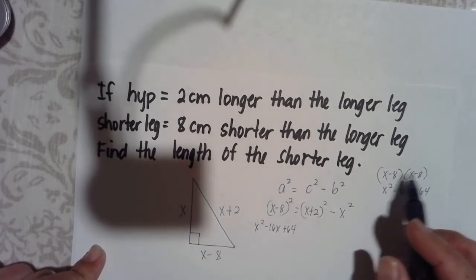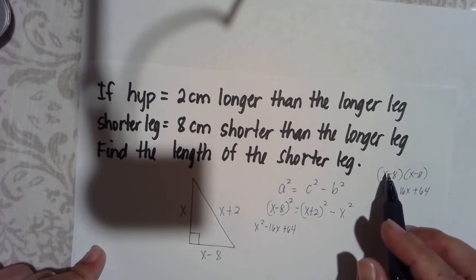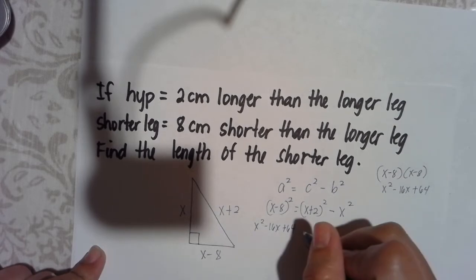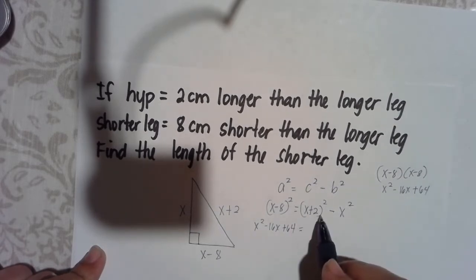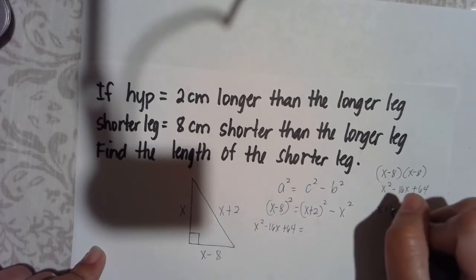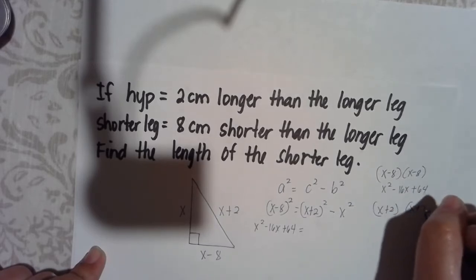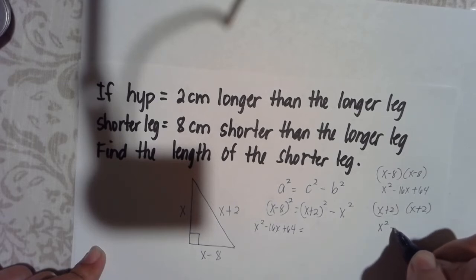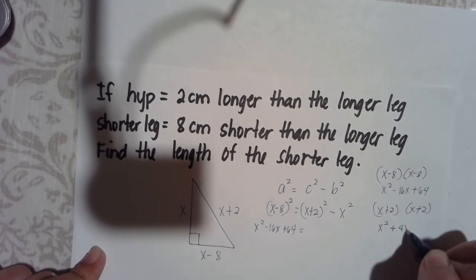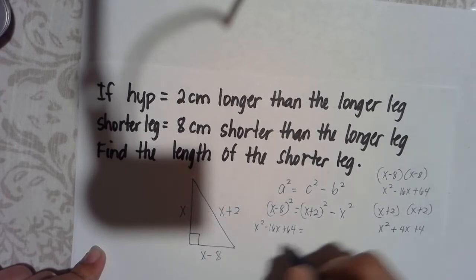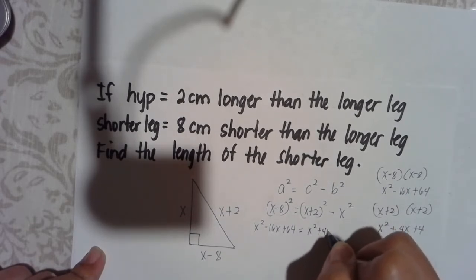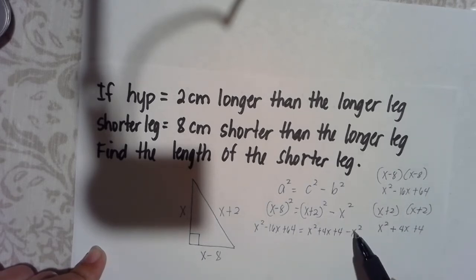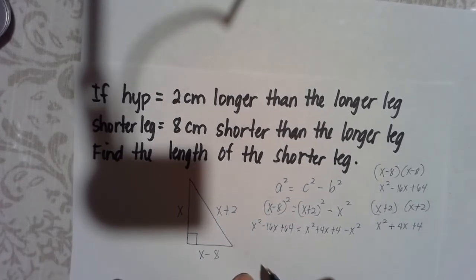You may use the FOIL method or box method. Then we do the same thing for x plus 2, multiplying it twice, so the product is x squared plus 4x plus 4, and then minus x squared. Next, combine terms.